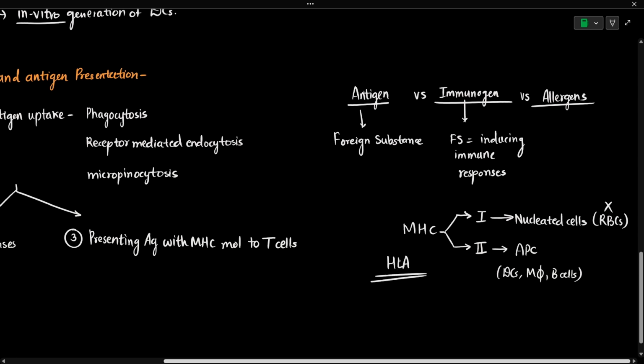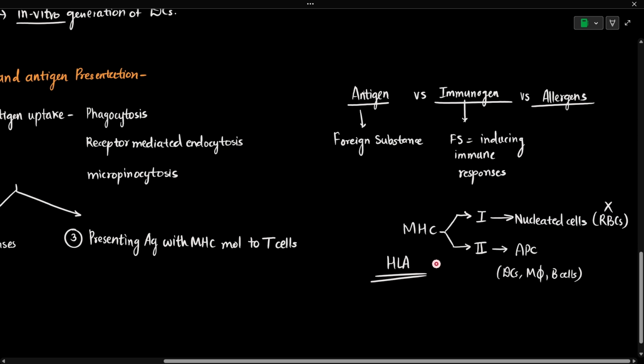HLA typing is very important in cases of tissue grafting, when you have to transfer a tissue. You have seen this in movies. Whenever there is tissue transplantation, a compatibility check is very important, to see whether the donor tissue is compatible with the recipient.